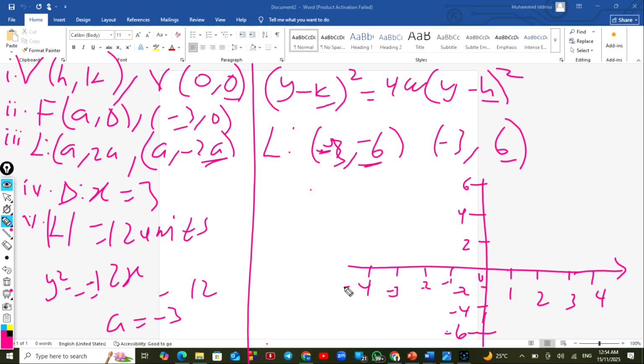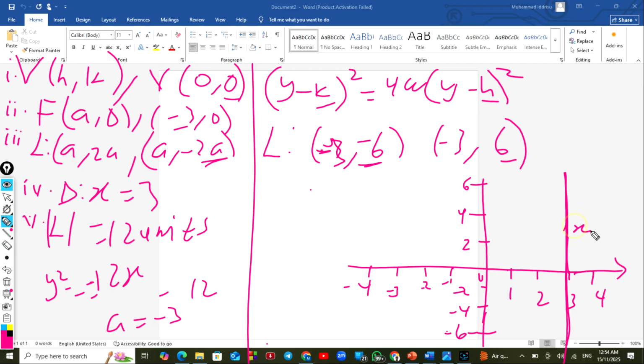So for our directrix, we have this line, this is our directrix, a straight line.